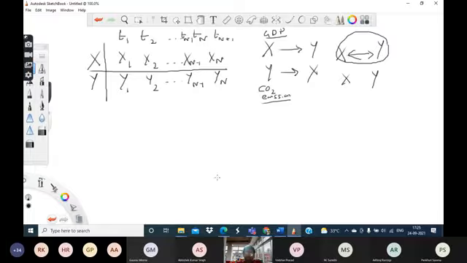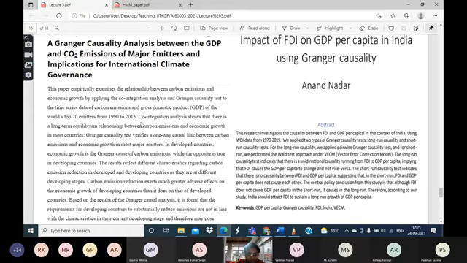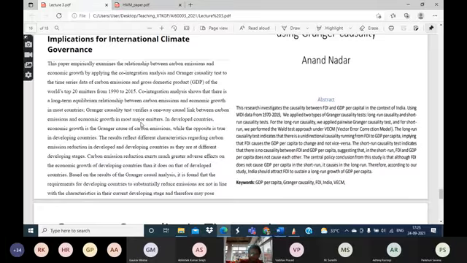So what this basically means is that as far as the question of climate change and emissions is concerned, the developed countries and the developing countries cannot act in the same way. As the authors point out, the results reflect different characteristics regarding carbon emission reduction in developed and developing countries, as they are at different development stages.